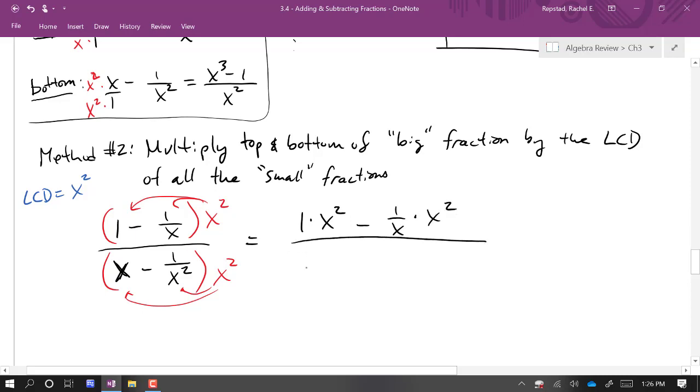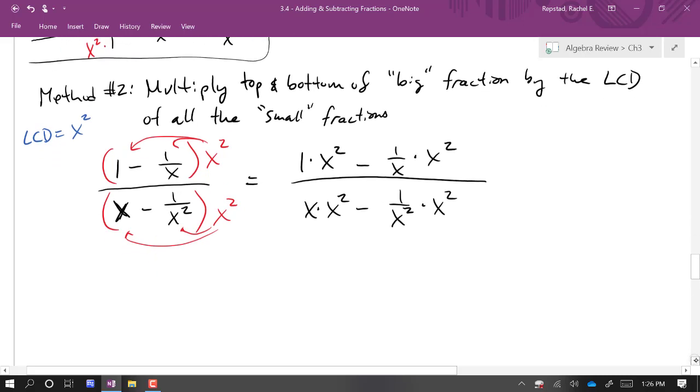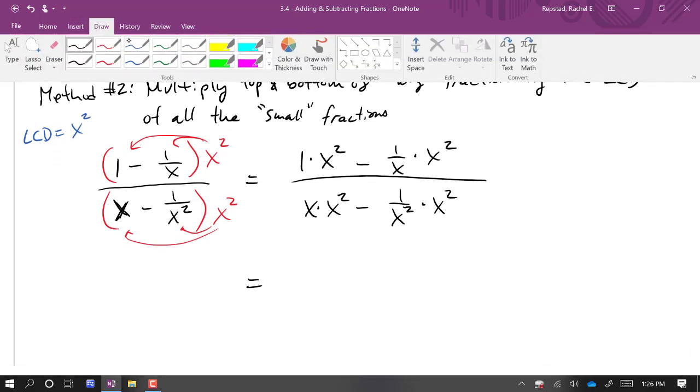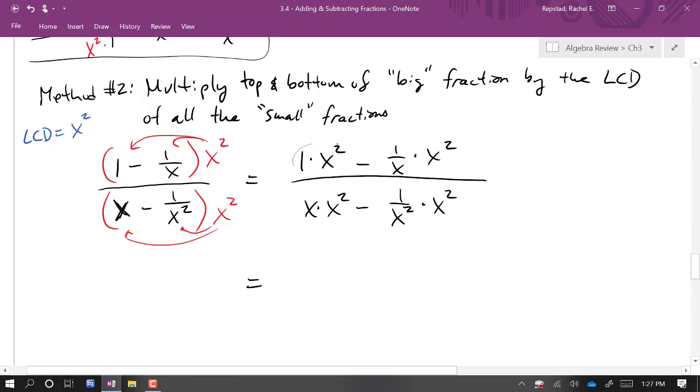In the bottom, I have x times x squared minus 1 over x squared times x squared. So now I'm going to simplify each of these products. Up top, I have x squared minus 1 over x times x squared is x. On the bottom, I have x cubed minus 1.